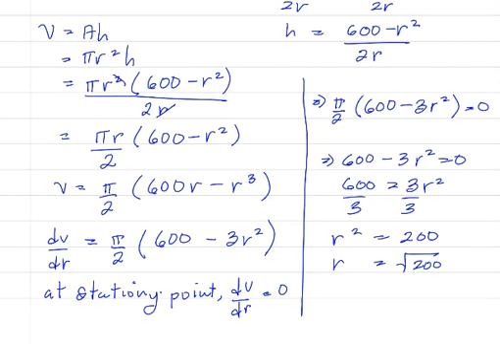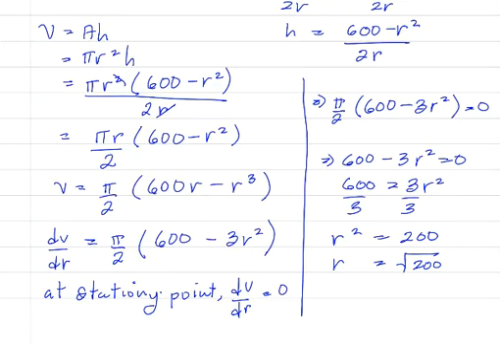Alright, the next thing we want to evaluate is whether this is a maximum or minimum. So let us go back to dV by dr, which we have here: pi over 2 times (600 minus 3r squared).